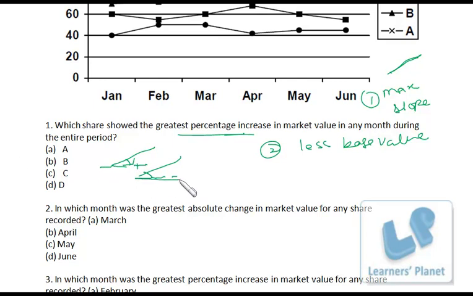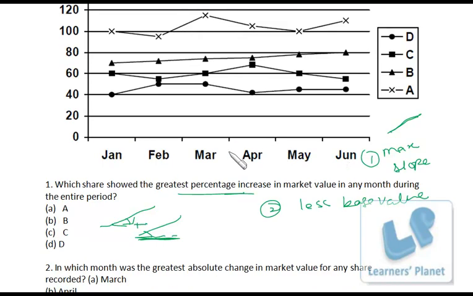Now in this case, this particular slope has less base value, so the percentage increase will be more in this case, right? Just listen to me once again. If we have less base value, then the percentage increase will be more if the slope is the same in both cases. That is a very important point if we try to apply a shortcut over here.